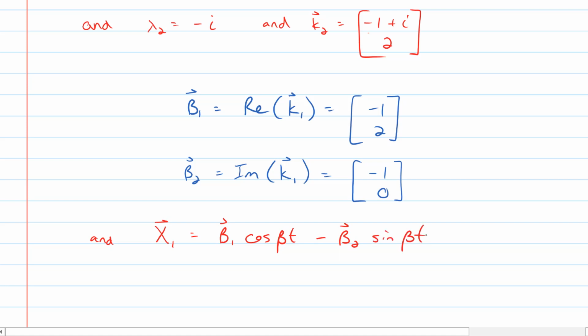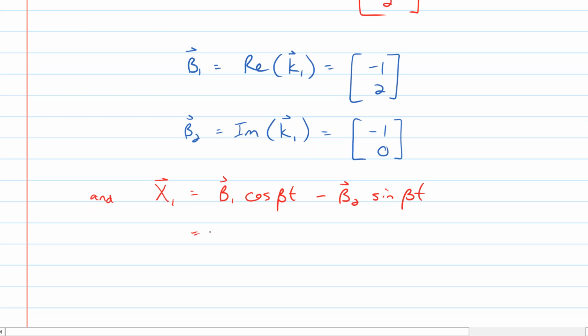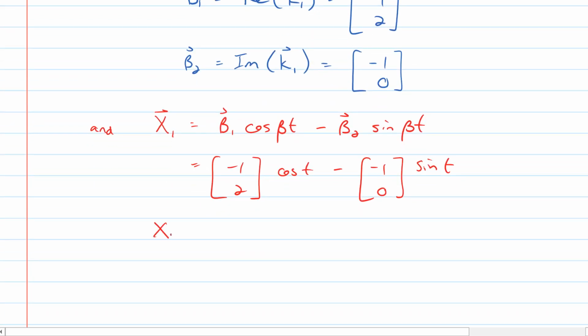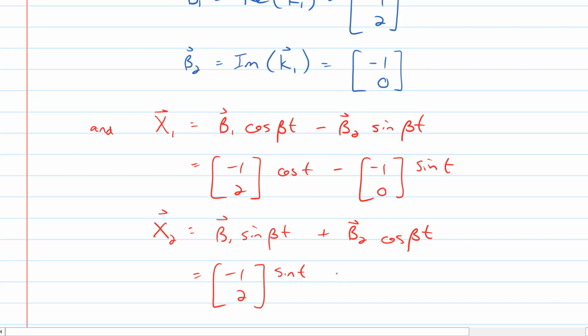We found earlier that beta was equal to 1, so this is just going to be -1, 2 cos t minus -1, 0 sine t. x2 is going to be b1 sine beta t plus b2 cos beta t. So that's going to be -1, 2 sine t plus -1, 0 cosine t.